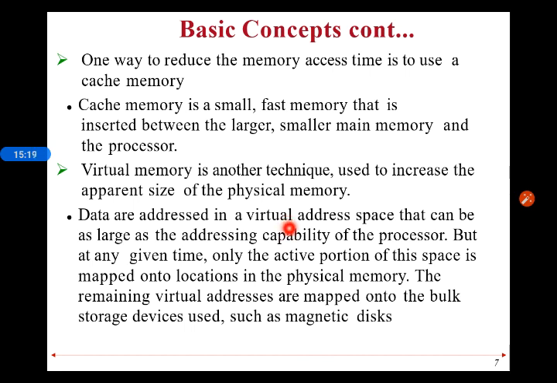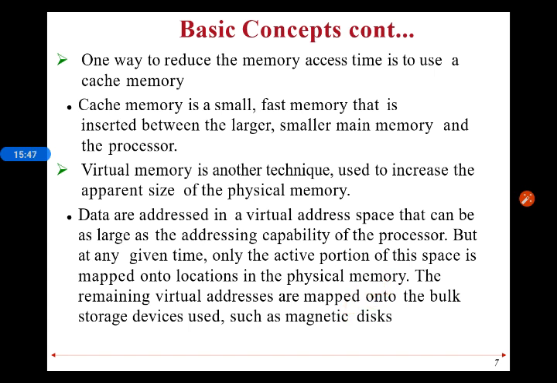It is created just to give the view that a very large memory exists in the computer system. Physical memory can be a magnetic disk, or a semiconductor memory. Anything can be a physical memory.